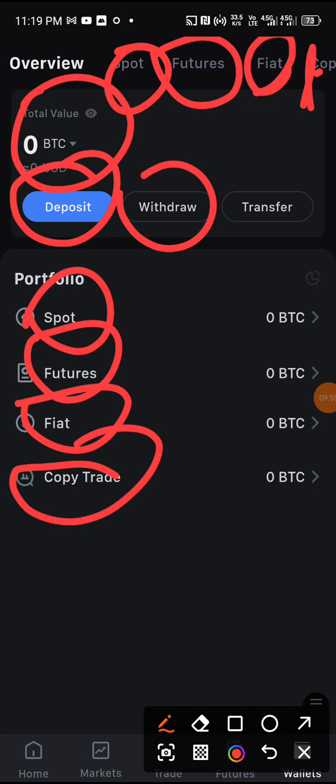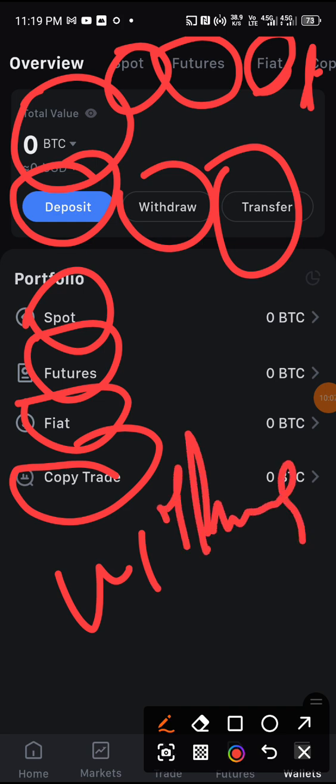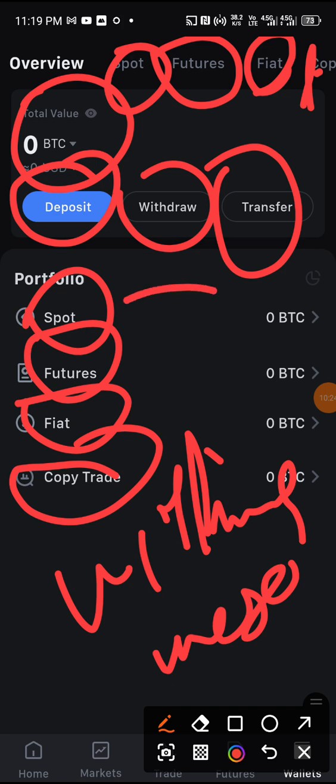Click on this place to withdraw if you want to withdraw from MEXC to any other exchange, and click on transfer to transfer this money from one place to another within MEXC. That is, you want to transfer from spot trading to futures trading, or from futures trading to fiat, copy trading and the others, but mostly it's from spot to futures or from futures to spot.